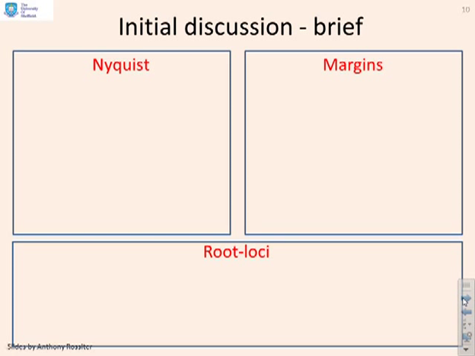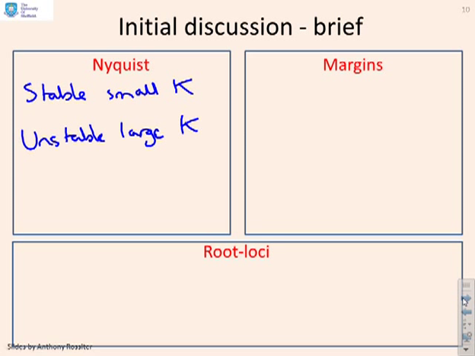So let's look at the analysis then, and although we've done some of this, it's important to restate it in a neat form. So we're stable if we have small k. That's what we got from Nyquist. And we're unstable if we have large k. If we look at the root loci, we also found we're stable for small k and unstable for large k.